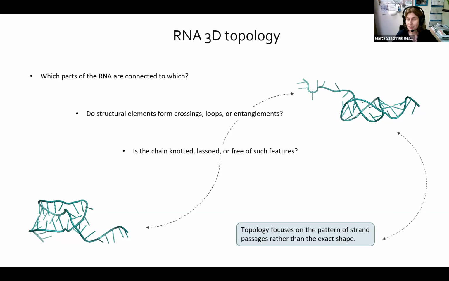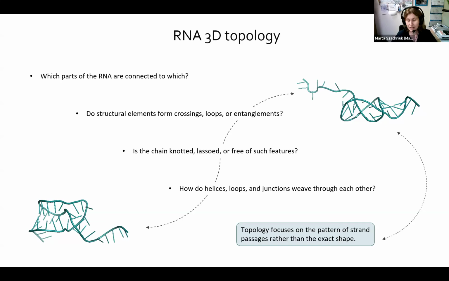Next, I try to answer the question whether the RNA chain is somehow knotted. So does it include any topological knots, or is it free of such structures? And finally, how all the elements like helices, loops, and junctions weave through each other.